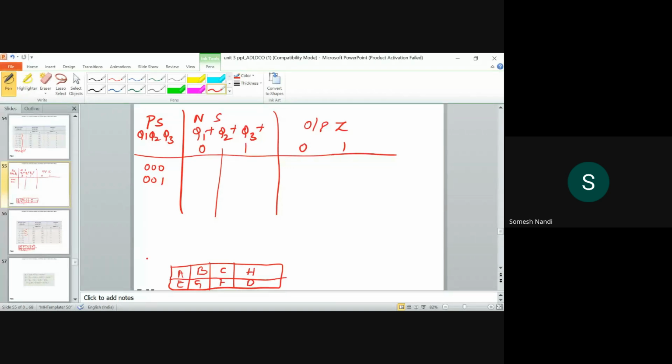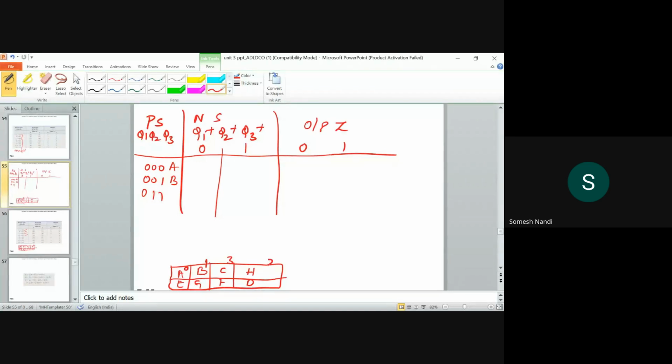Now, A is 000. Next, adjacent one is B. B is 001. This is A. This is B. Then next one is C. C is what? 011, because C is 3.